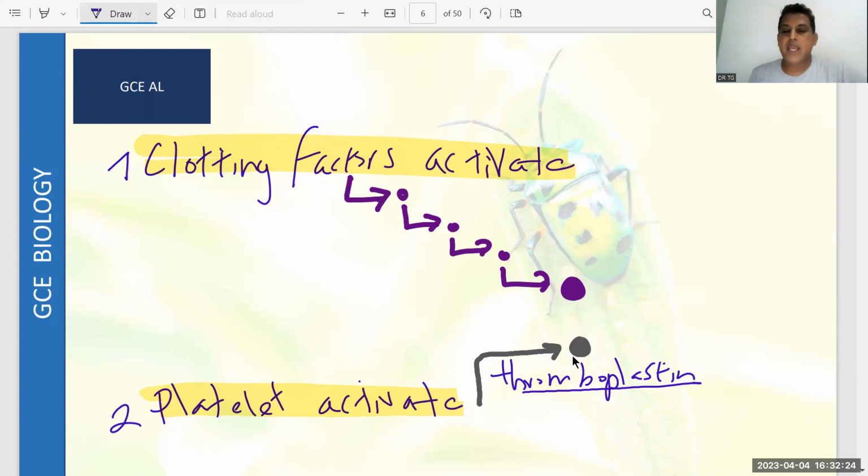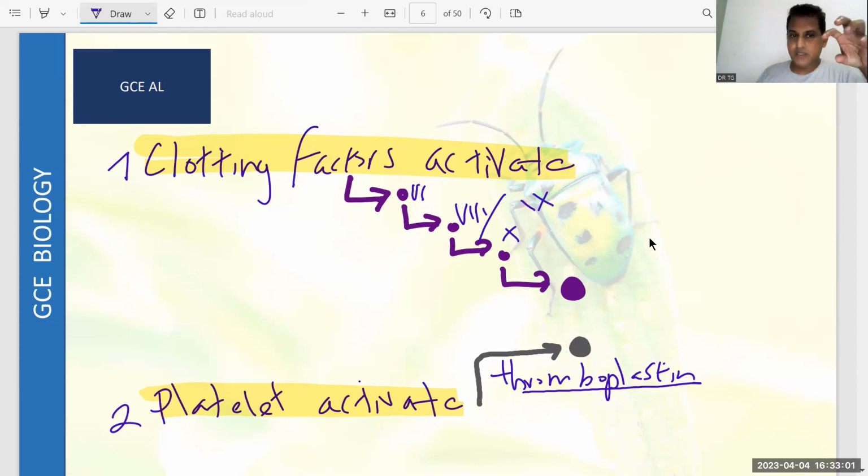And clotting factors activate, I said, they have different numbers. For example, factor 7, factor 8, factor 10, factor 9. Many factors are there to activate. Clotting factors are not the main interest in this lesson, but we know that clotting factors also activate and thromboplastin is also activated. Platelets activate and release thromboplastin.